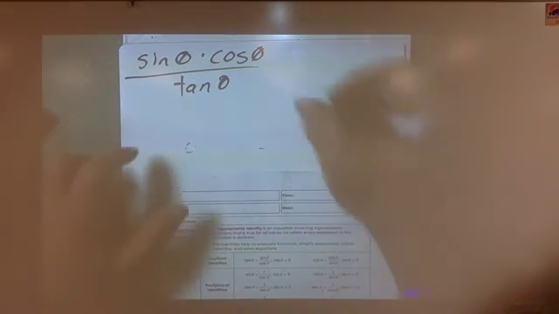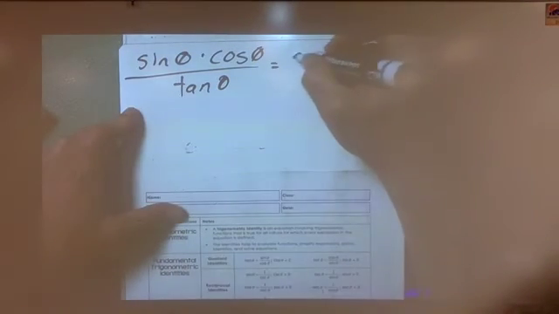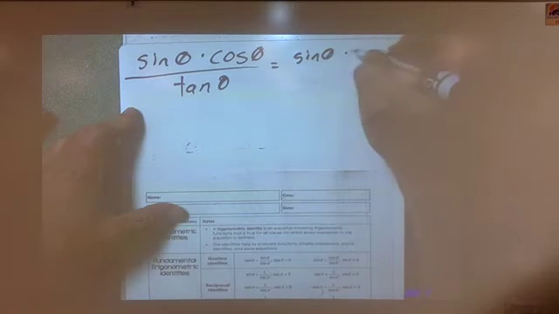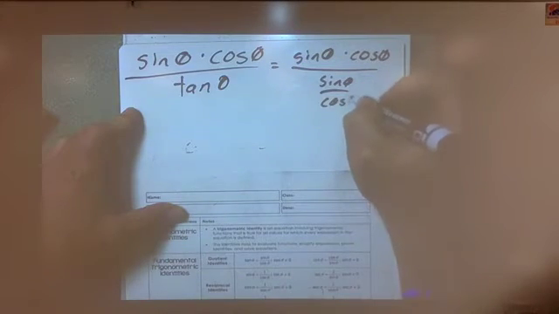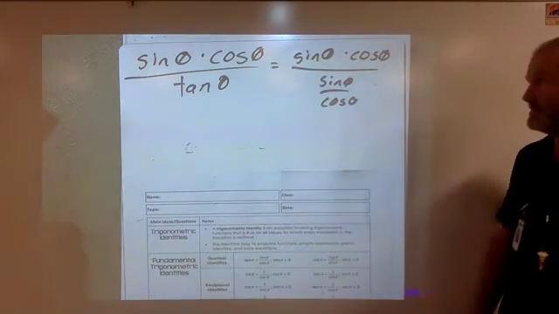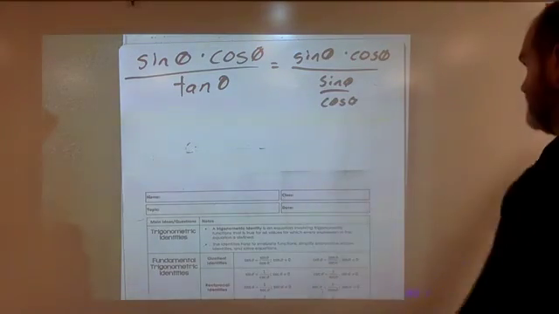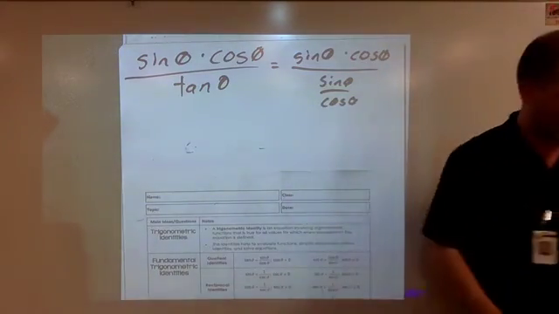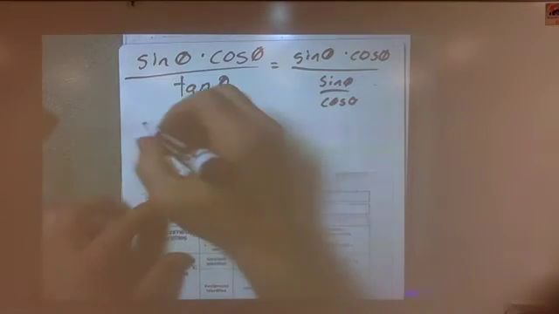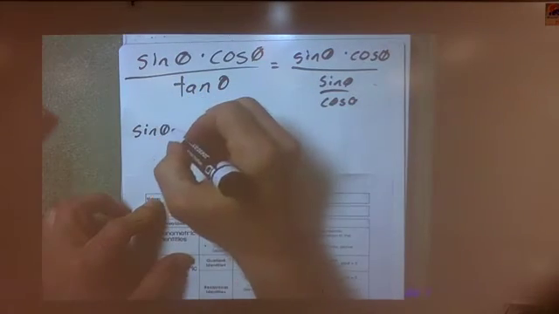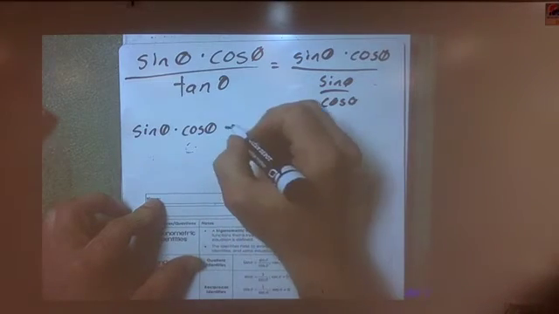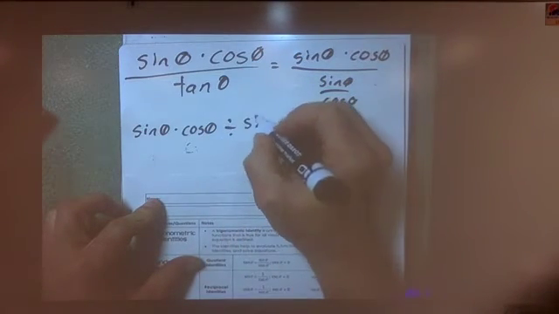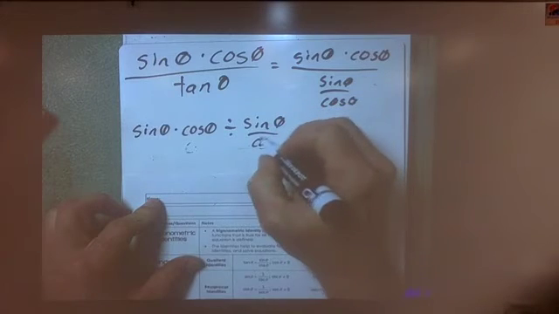We'll get rid of this tangent theta in the denominator and make it sine over cosine. So basically, I'm going to rewrite this as a long division problem instead of fractions. Sine theta times cosine theta is our numerator, and we're dividing it by the denominator, which is sine theta over cosine theta.